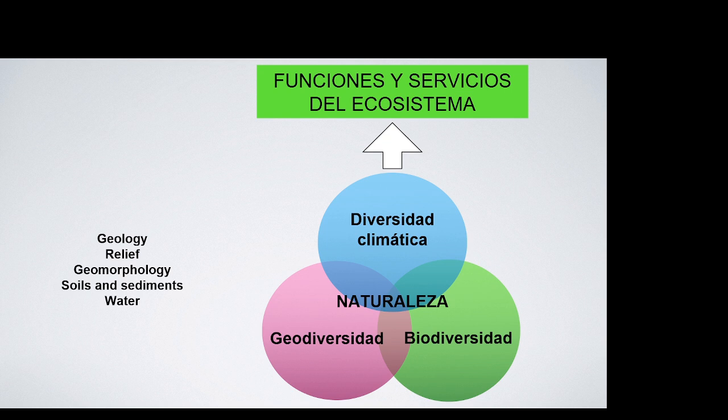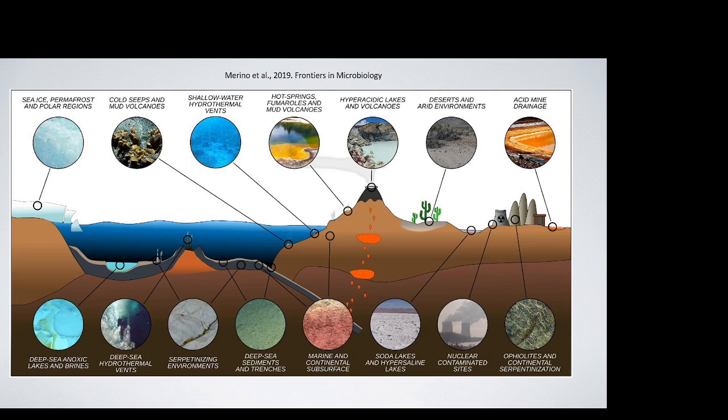And geodiversity is composed of the geology, the relief, the geomorphology, the soils and sediments, and more importantly, water, surface and underground water. And it is very important to recognize that geodiversity supports biodiversity.